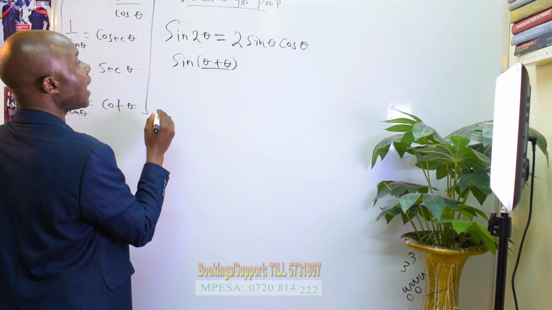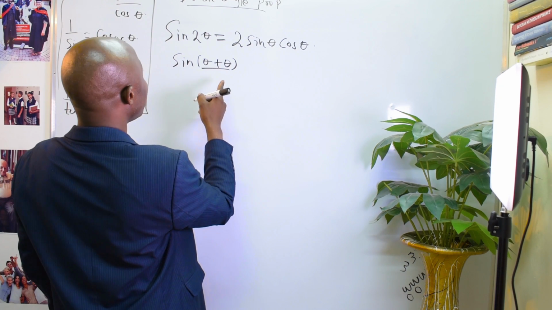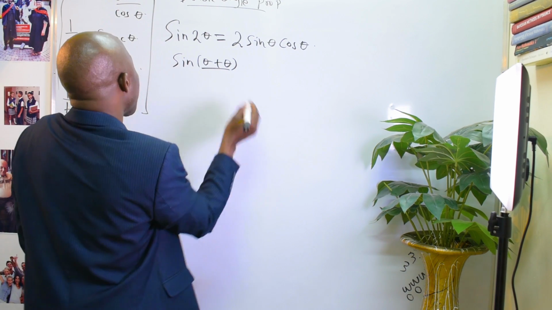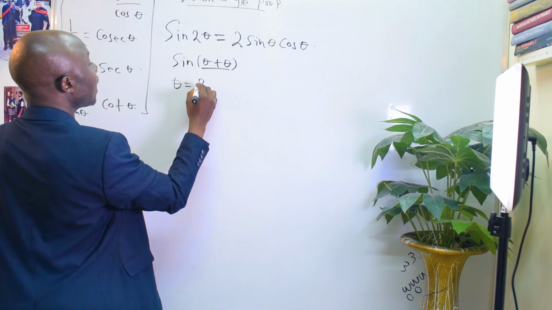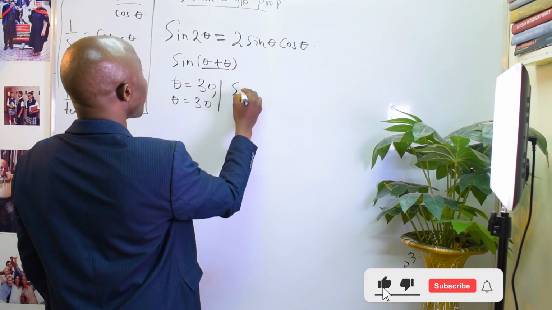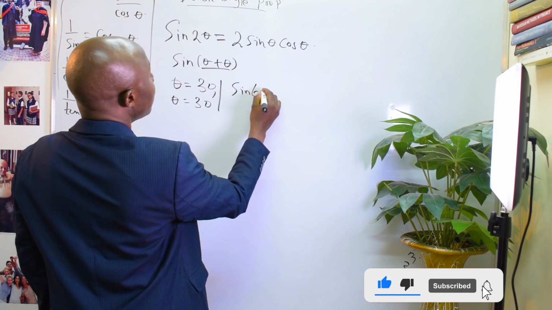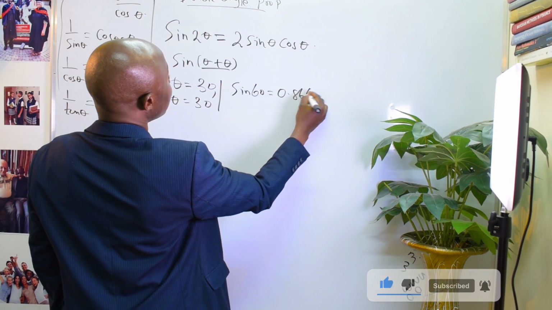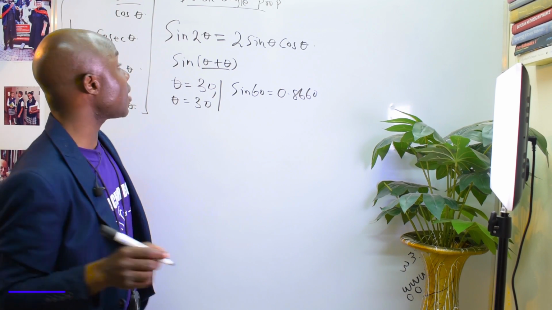Then let theta be maybe an angle, let it be 30. So the other theta will be 30. So sine of twice 30, sine of 60, is 0.866, that is from your calculator if you have one.